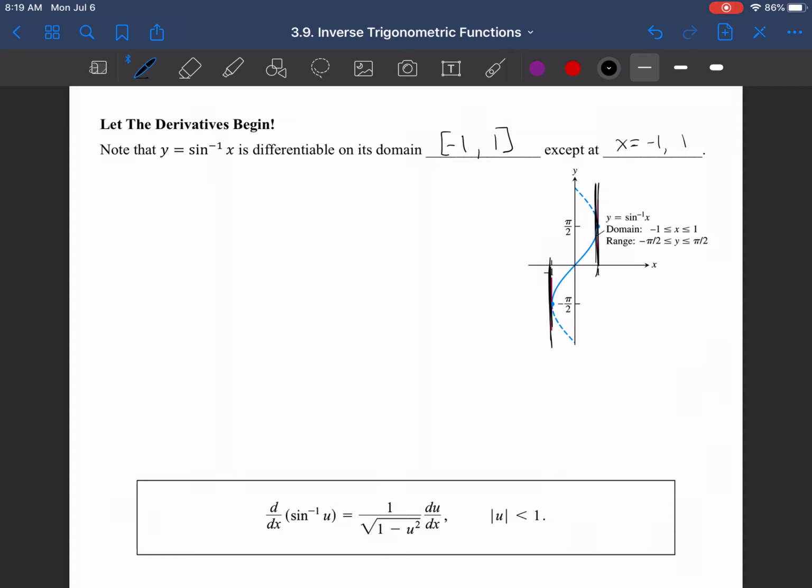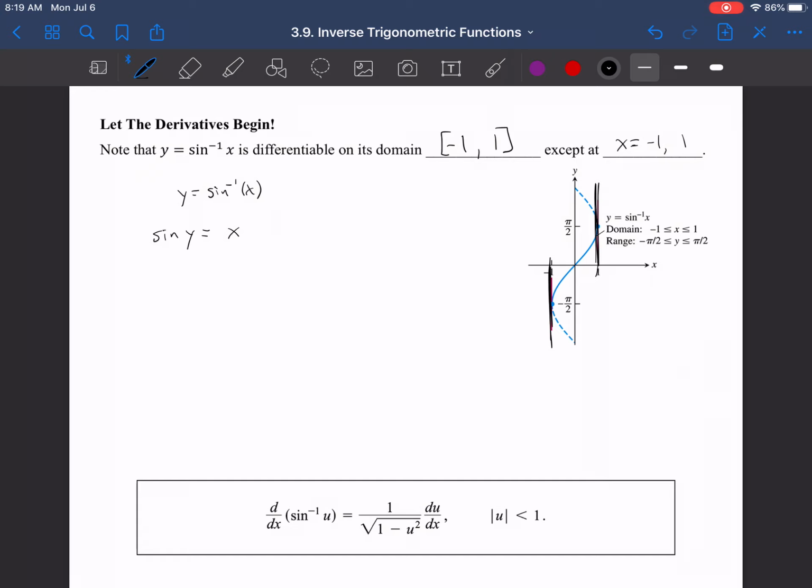Okay, vertical lines we can't really take a slope for, so we're done with that. So let's try this. So we'll start with y equals arc sine of x, okay? And if we look at that, we can say that sine of y is equal to x, okay?